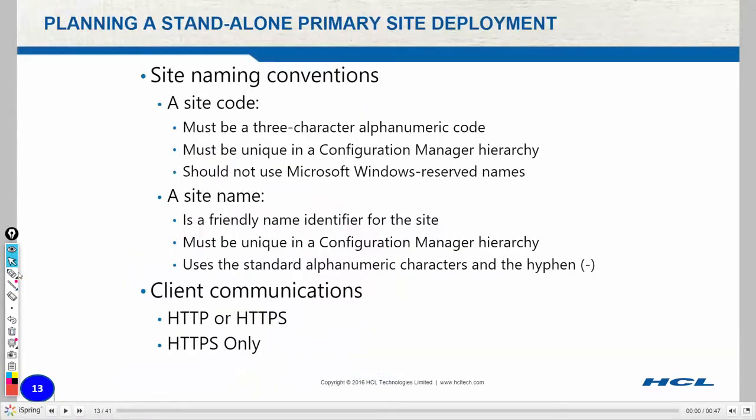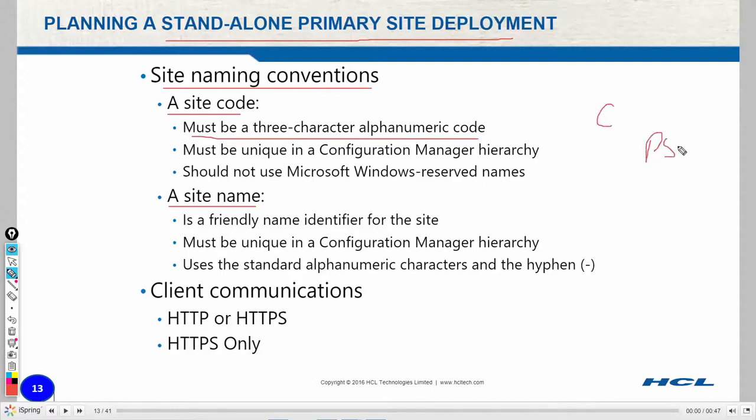Now site naming conventions. What kind of name can you give? Here we'll be configuring a standalone primary site. For every site you require a naming convention: a site code and a site name. A site code must be a 3-character alphanumeric code, for example, primary site 1. It must be unique in a Configuration Manager hierarchy, and should not use Microsoft Windows reserved names.